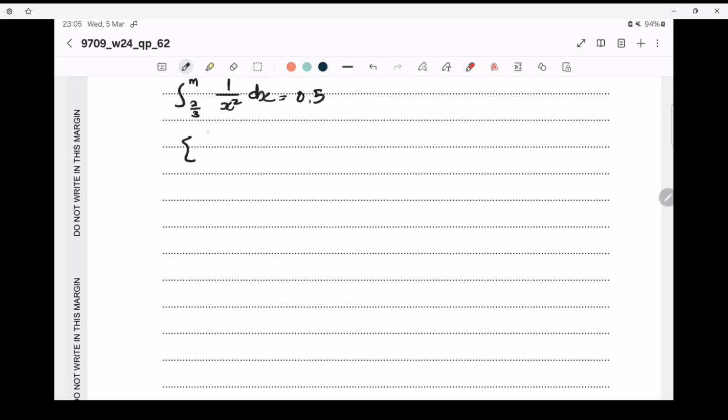You have minus 1 over x, substituting the values 2 over 3 and then m. So this has to be equal to half.